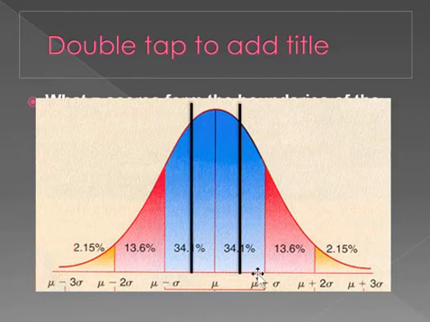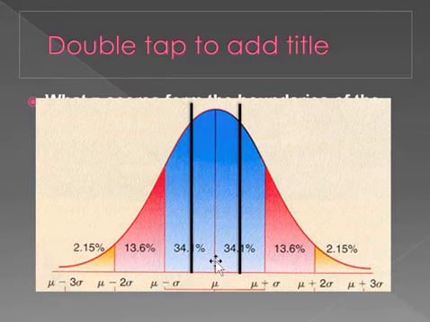Again, I know that 34% of all of my scores fall between 0 and plus 1, and 34% of all of my scores fall from 0 to minus 1. So I'm guessing 0 to 20% is over here, and 0 to 20% is over here. And if I were to add up those two percentages, I would get 40. So now I'm trying to find what the exact z-scores would be. And this is pretty easy.